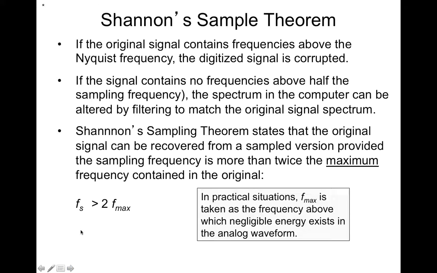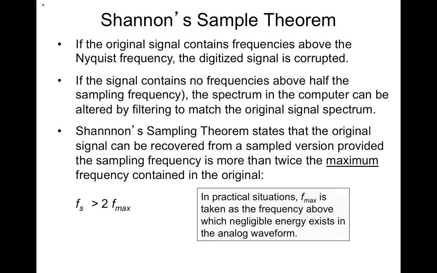So it is important then to always sample at the Nyquist frequency. So if you have a signal, you want to know what is the highest frequency contained in that signal. You then double that amount, and that is your minimum sampling frequency that will represent the signal appropriately.